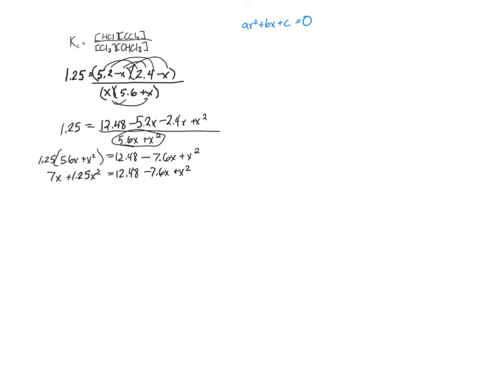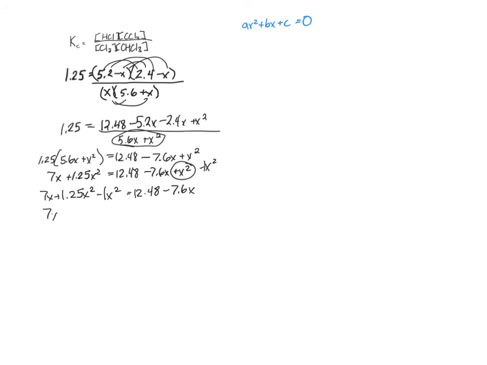So to begin to rearrange it, I can take this x squared over here and bring it to the other side by subtracting x squared from both sides. So 7x plus 1.25 x squared minus x squared, there's a 1 in front of it, is equal to 12.48 minus 7.6x.